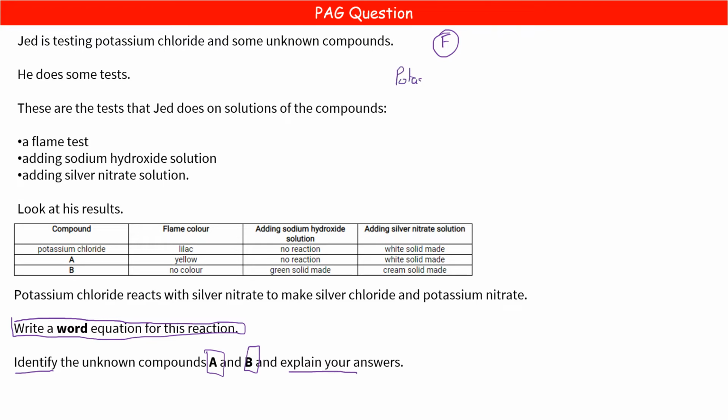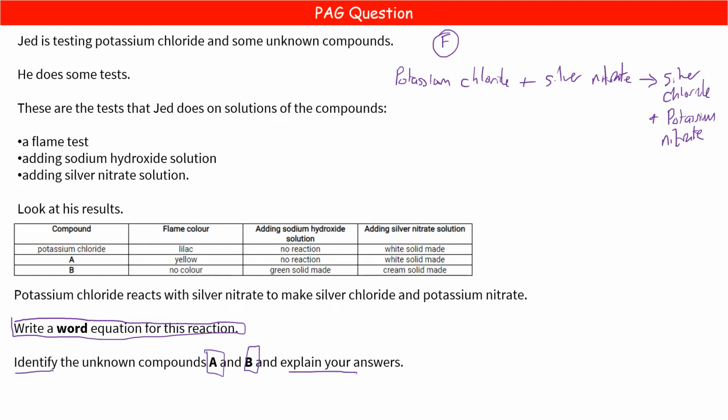So we would do potassium chloride, and it tells us reacts with, so replace that with a plus, silver nitrate. To make, replace with an arrow, and we're going to make silver chloride, and if I put the plus in, potassium nitrate.